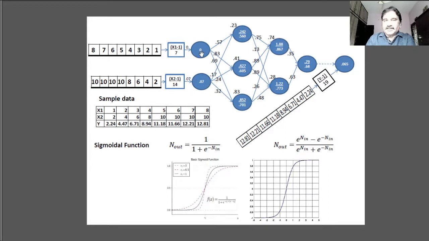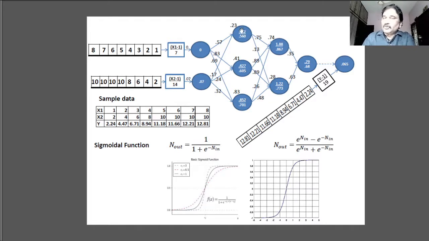Now to find the value at this neuron, you find the connections coming to that neuron, and the weights on those connections multiplied by the neuron values at the tail of these connections will give you the neuron input for this particular neuron.